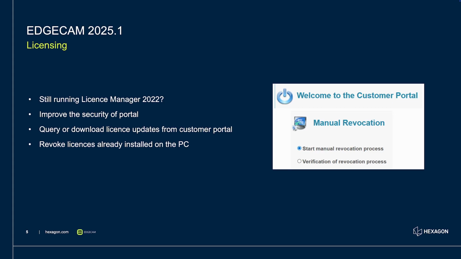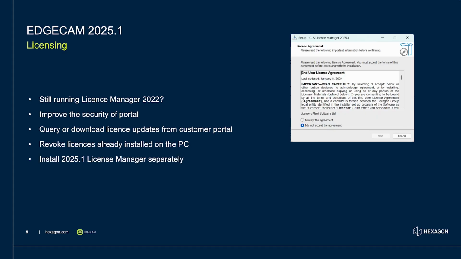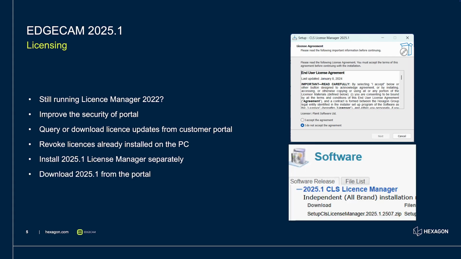If you are having that problem, fear not, you can install the license manager individually from the EDGECAM 2025 install set, or indeed it is now on the portal to download. That's really just for people who are running older versions of EDGECAM.